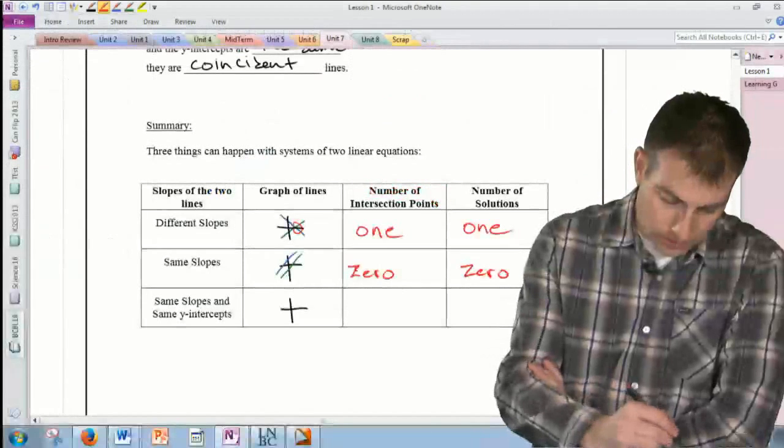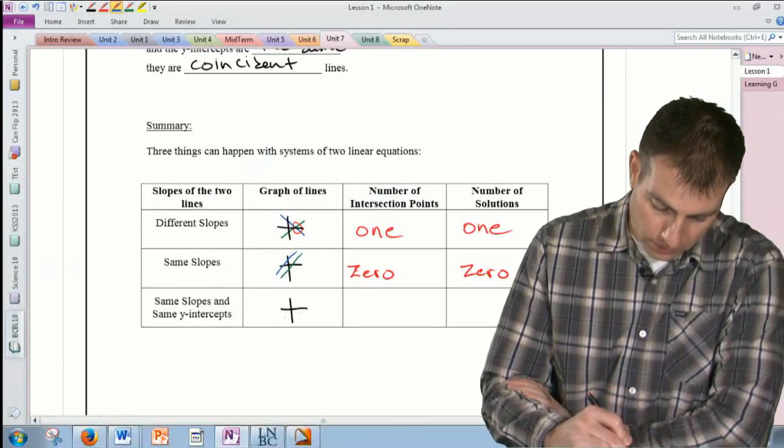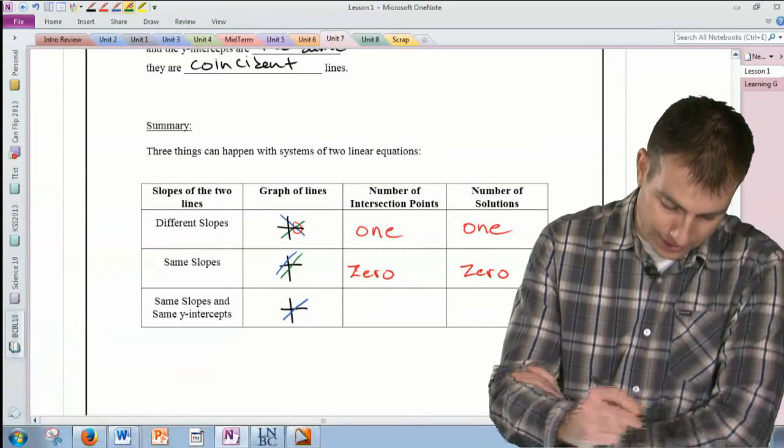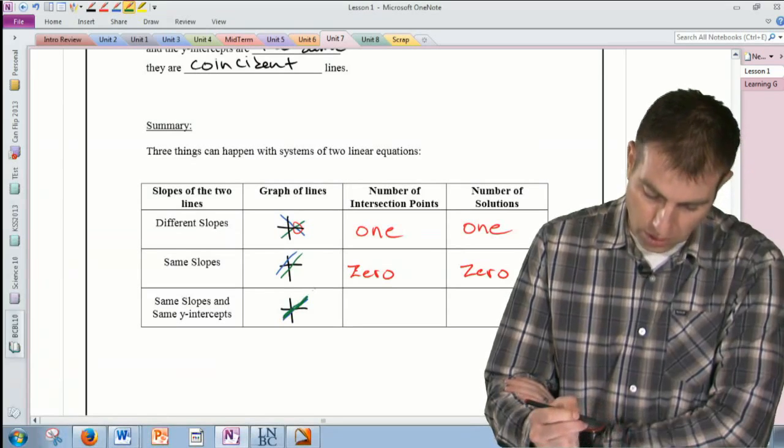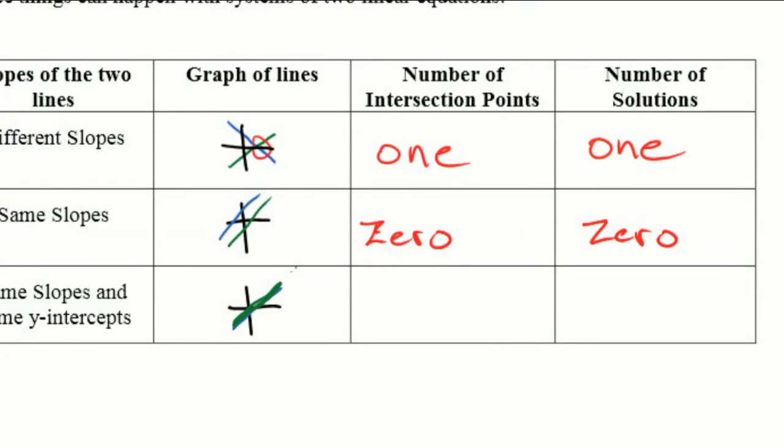The last one here is coincident lines, where I have lines that are exactly on top of one another. Difficult to draw. And I end up with infinite solutions and infinite intersection points.